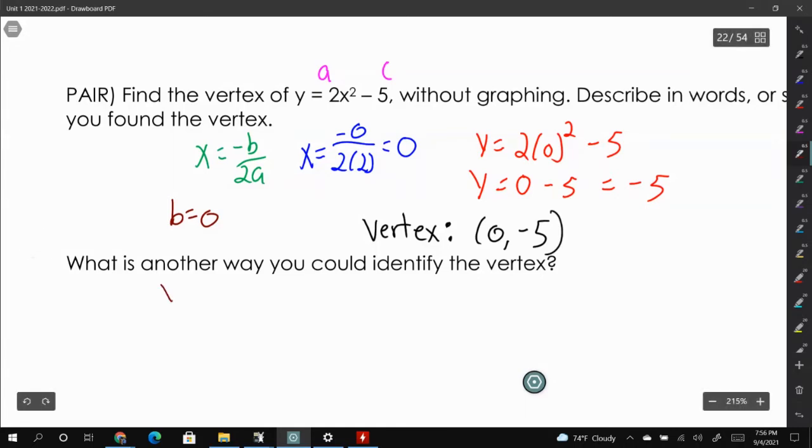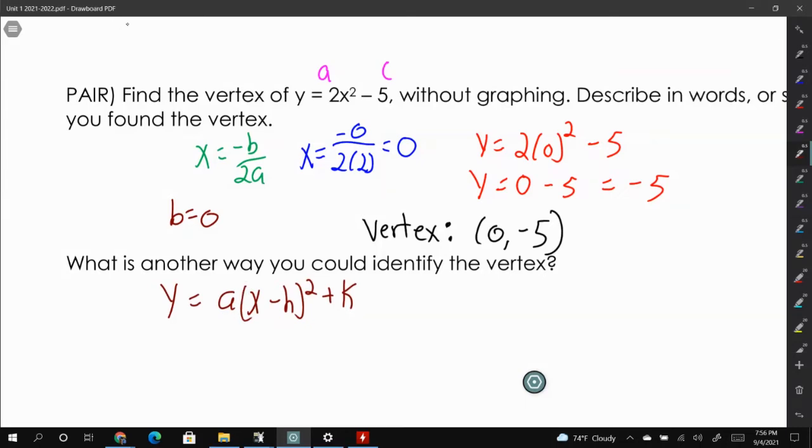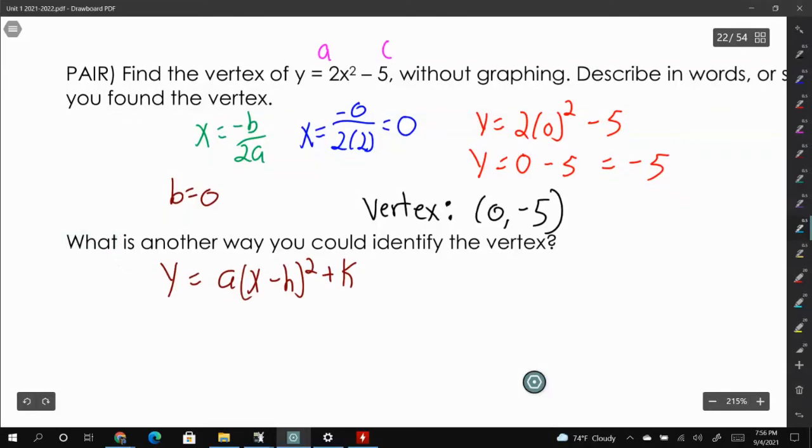We remember from vertex form that we have a, h, and k. Well, what would this look like if your h value was 0? If h was equal to 0, then this would be y equals a times x minus 0 squared plus k.